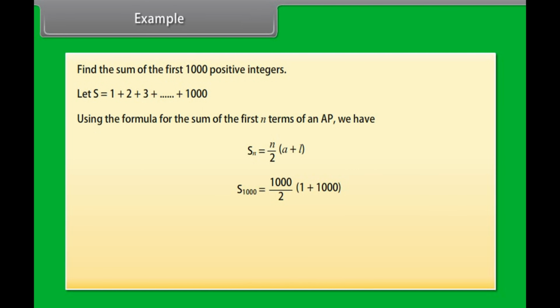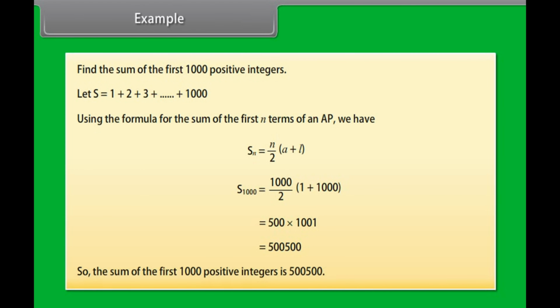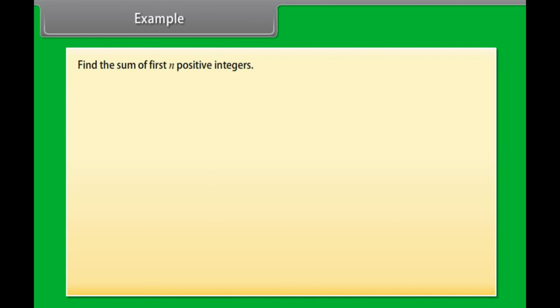Substituting the value of n, we get S1000 is equal to 1000 upon 2 into (1 plus 1000). This is equal to 500 into 1001, which becomes 500500. So, the sum of the first 1000 positive integers is 500500.